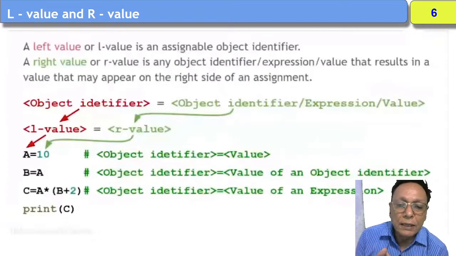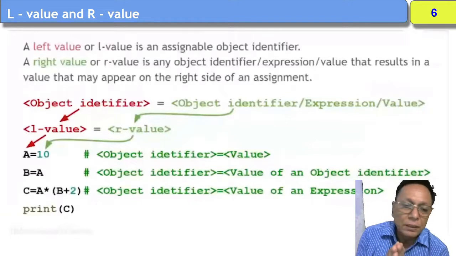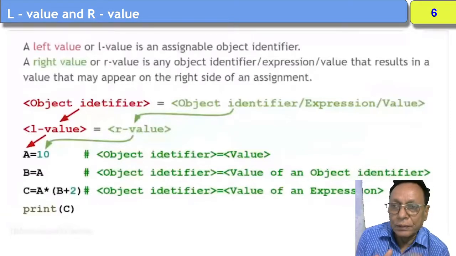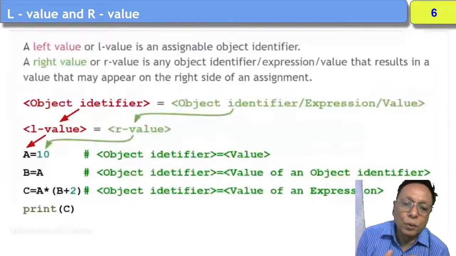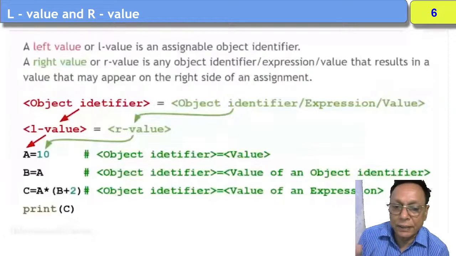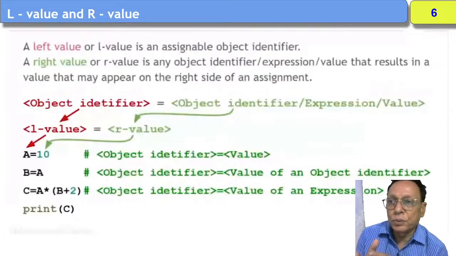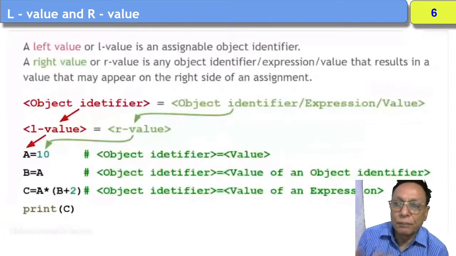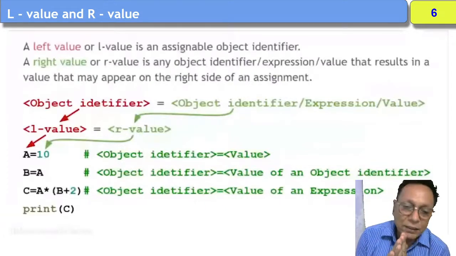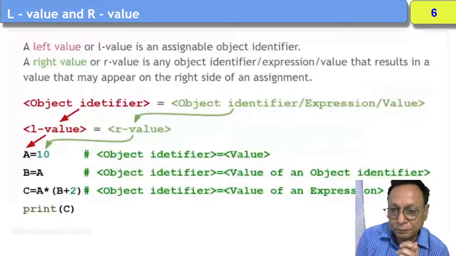When you say print C, it will print the value of the L value, that is C, which holds the value of the right side. So the A into B plus 2 expression value will move to the identifier C.